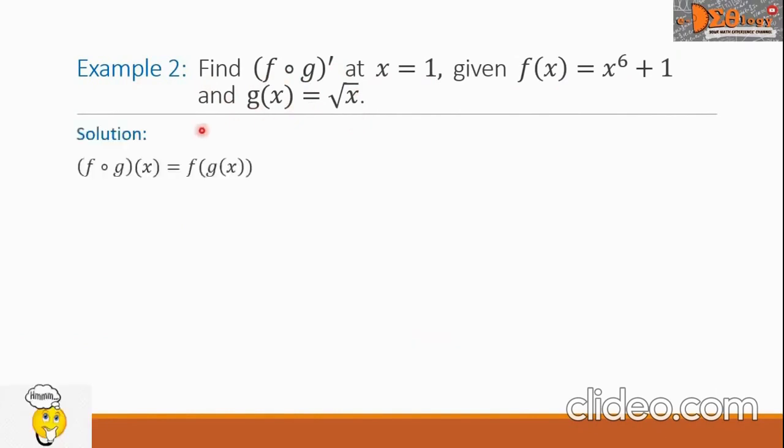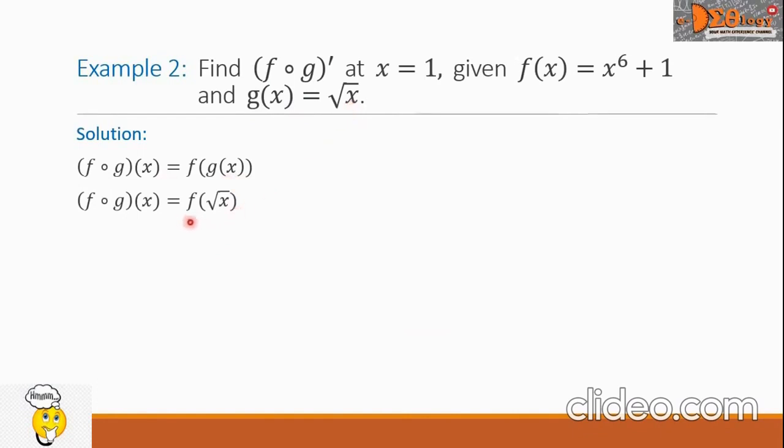For our solution, let us show first that f composite g of x equals f of g of x. Let us substitute the value of g of x in here. So we have now on the right side f of the square root of x.